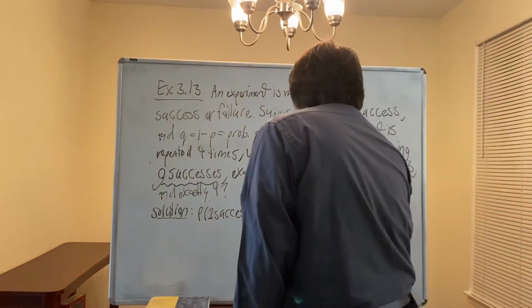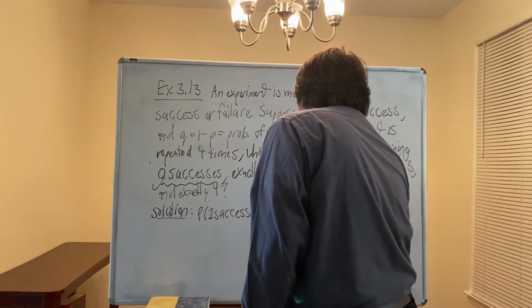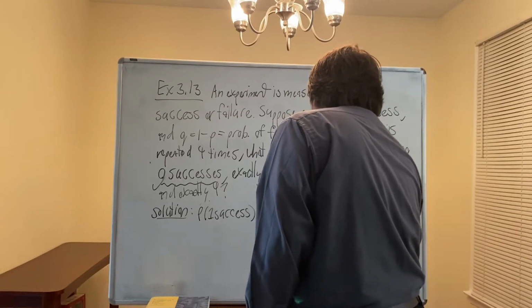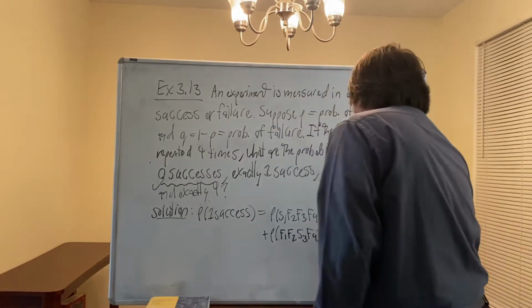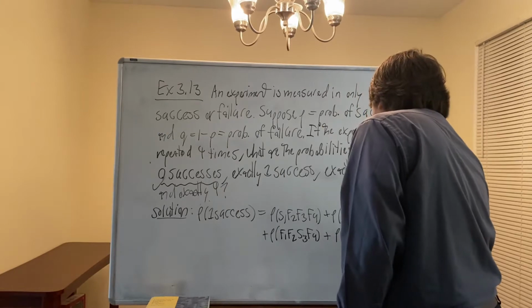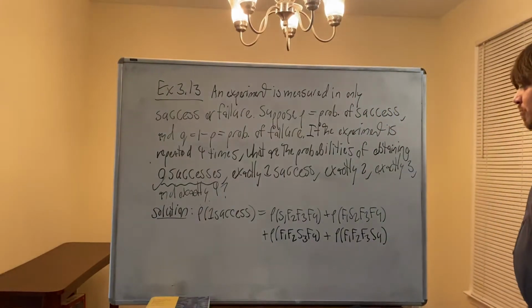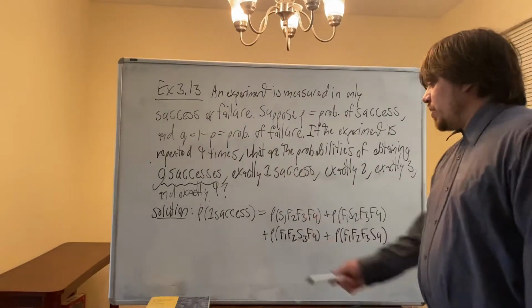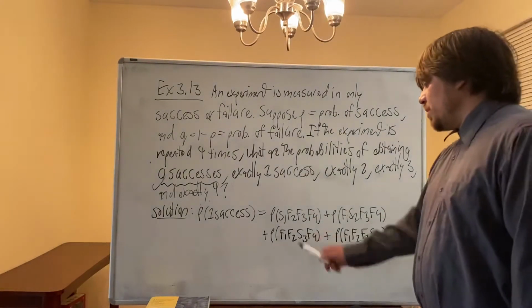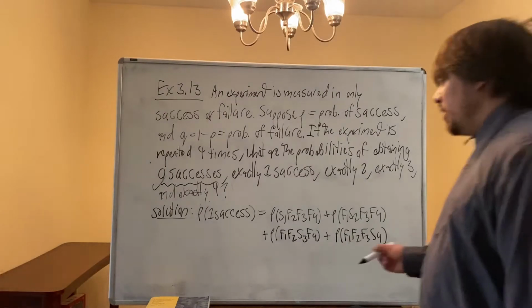This is plus the probability of failure in the first one, failure in the second one, success in the third one, and failure in the fourth one. Plus the probability of failure in the first, failure in the second, failure in the third, and success in the fourth. Okay, so either you succeed in the first and fail the rest, succeed in the second and fail the rest, succeed in the third and fail the rest, or succeed in the fourth and fail the rest.